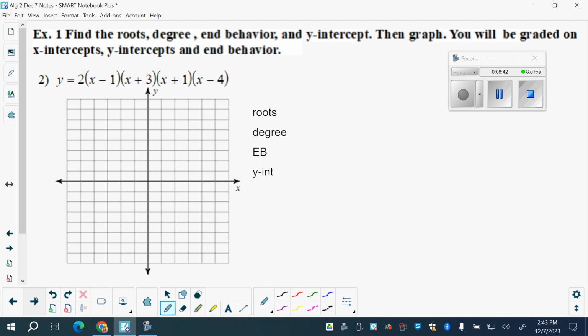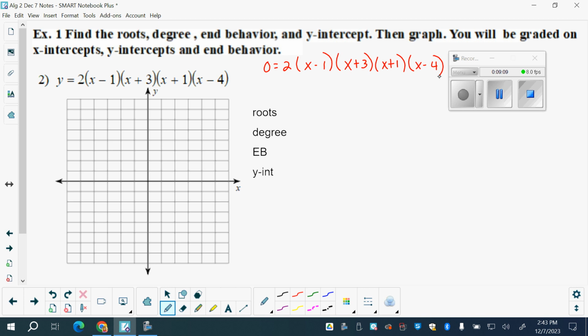Okay, so on here, how do I find my roots? We're going to first set our y equal to 0. And then what do I do with the 2 there to solve this?